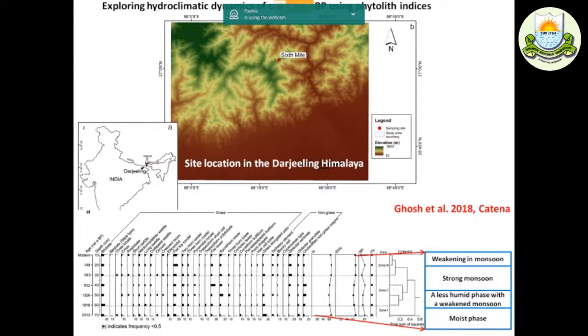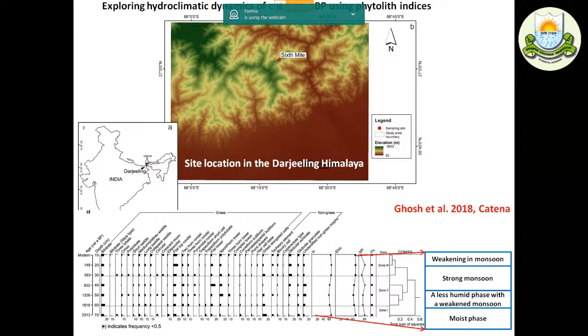Not only phytoliths, this data was complemented with stable carbon isotope, grain size and pollen data. On the basis of all this, we inferred 4 climatic phases covering the last 2,400 years. The initial phase was moist, later it was a less humid phase, then came a strong monsoon, and again the monsoon weakened towards modern day.